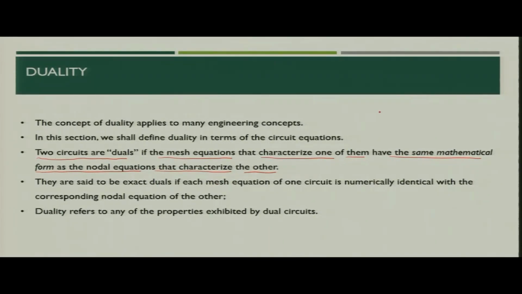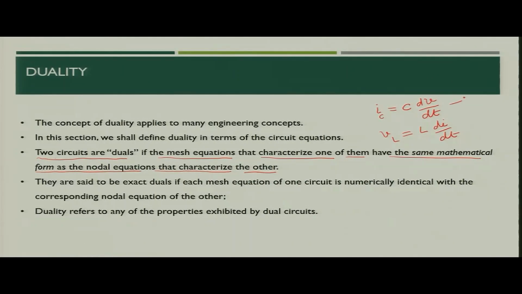If you recollect, let us first say what the current across the capacitance is. What do we write? We write it as C dV by dt. What is the voltage across an inductor? You will say this is L di by dt.